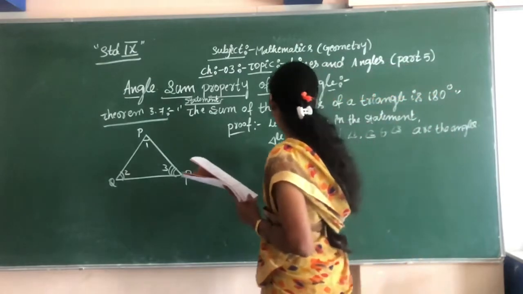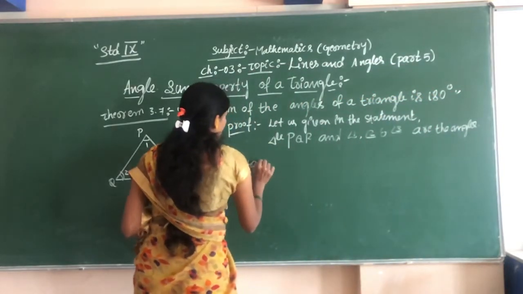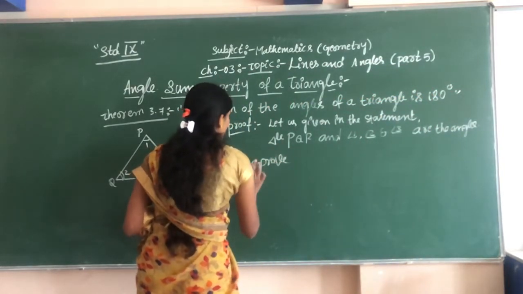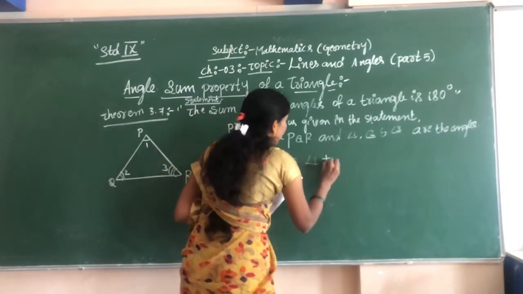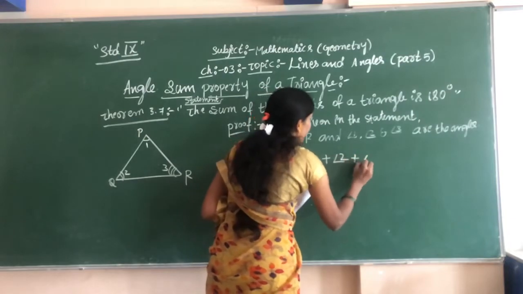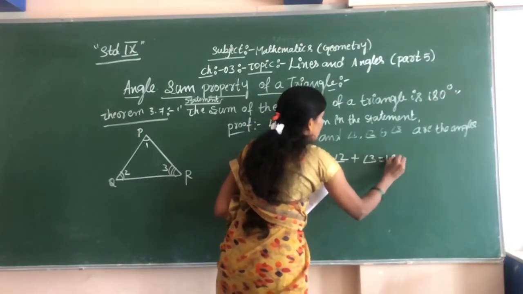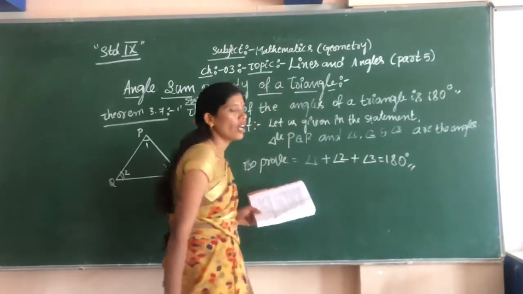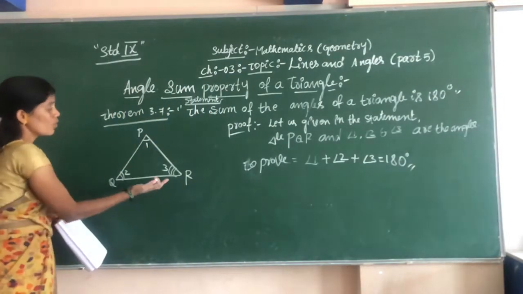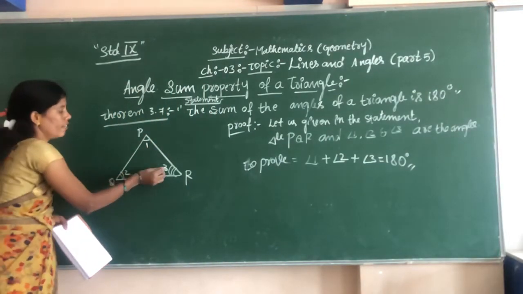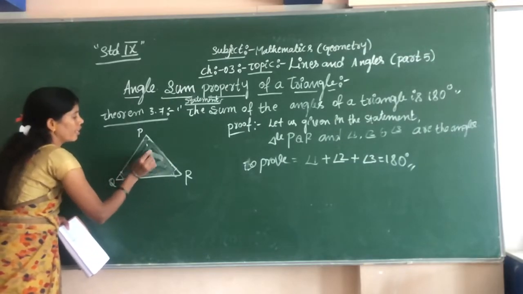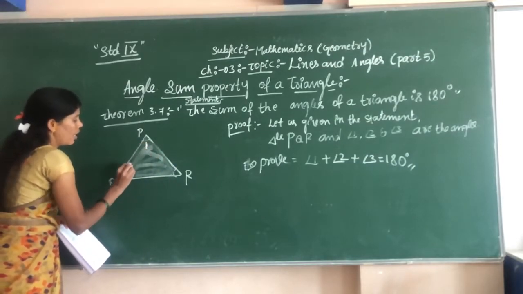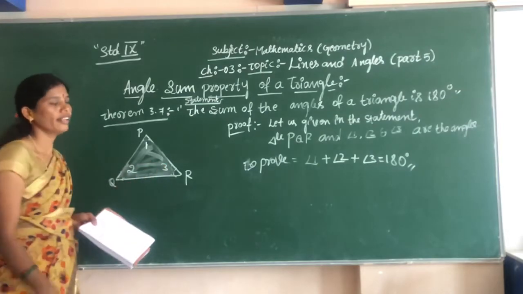To prove: angle 1 plus angle 2 plus angle 3 is equal to 180 degrees. Where are angle 1, angle 2 and angle 3? In the interior of the triangle.